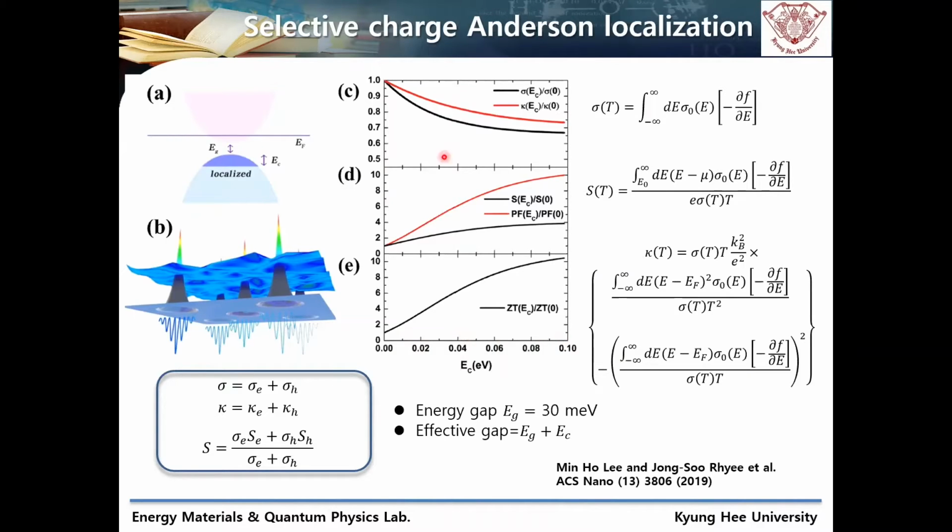Therefore, electrical conductivity decreases, and electronic thermal conductivity also decreases. But the Seebeck coefficient increases because of the strong charge localization and charge imbalance, and therefore the power factor also strongly increases. Therefore, the zT value can increase as much as 10 times compared with the pristine compound.